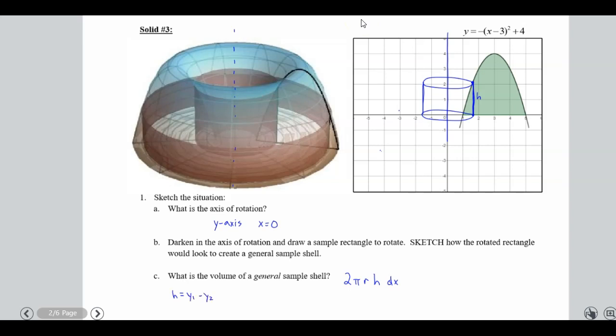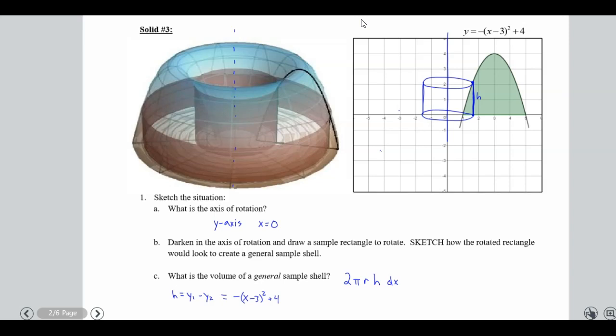And for us, the y on top is just that parabola. The y on bottom is 0. So in this case, that's just going to be negative (x minus 3) squared plus 4, and then minus 0. So nothing happens with that.